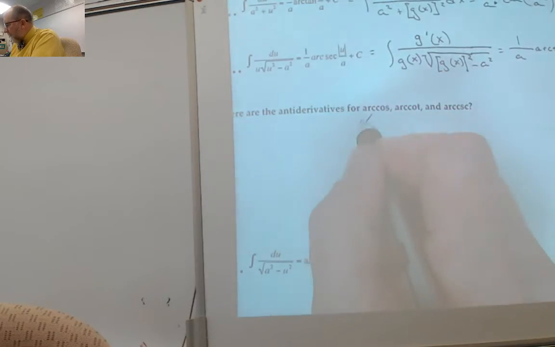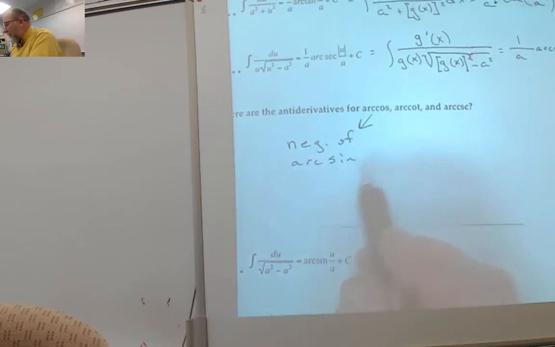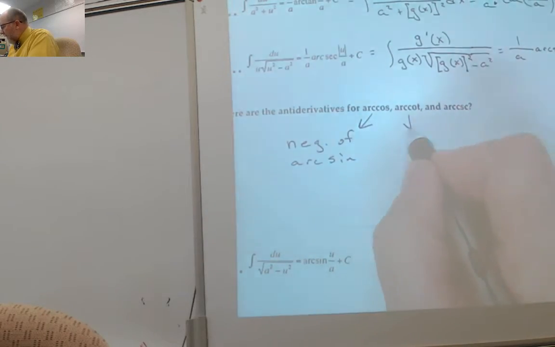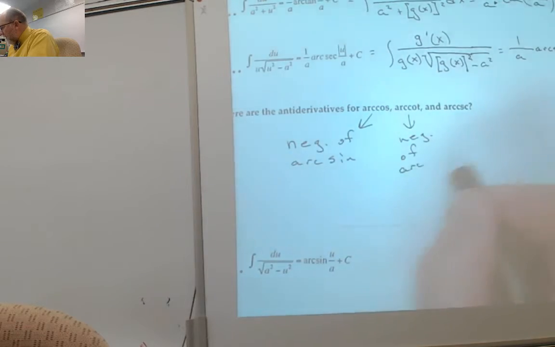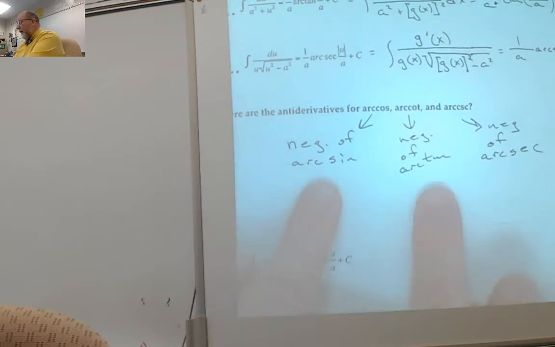Because this is the negative of arc sine, so we just write arc sine with a negative symbol in front of it. This is the negative of arc tangent. And this is just the negative of arc secant. So those are the only three we need to know.